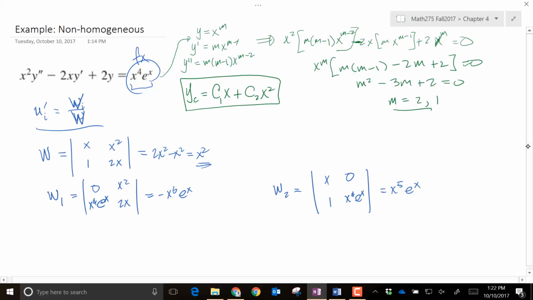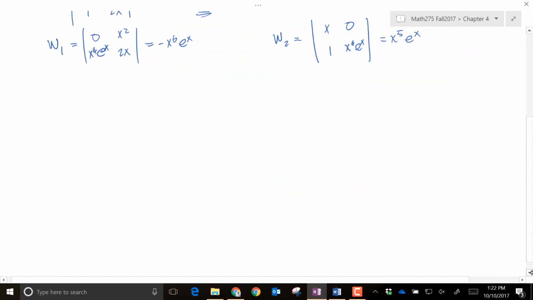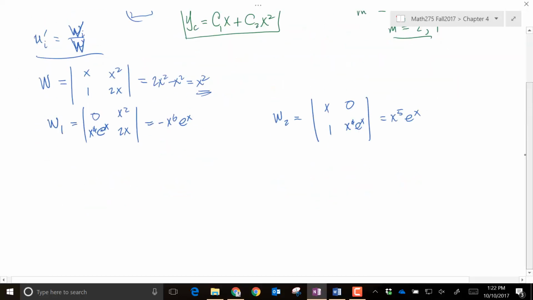Whoa, too far. All right. So our u1 prime is going to be W1 over W, which is minus x to the 6th e to the x divided by x squared, which is negative x to the 4th e to the x.